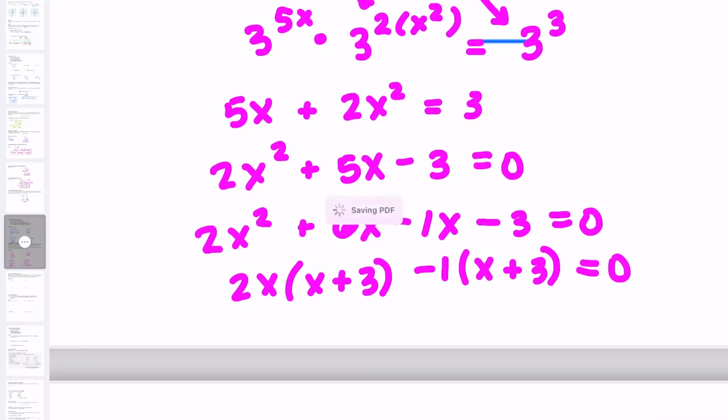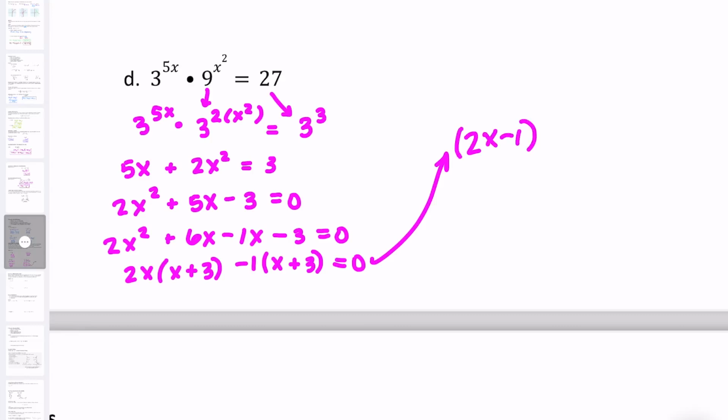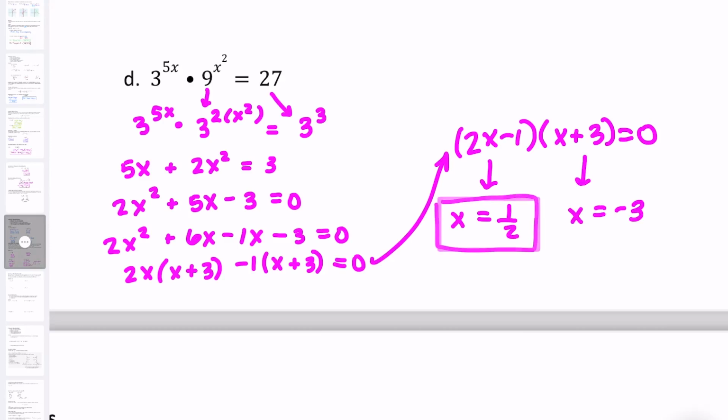I've run out of room, so I'll move over to the side a little bit and rewrite this in factored form. 2x minus 1 times x plus 3 equals 0. That gets us x is equal to 1/2 and x equals negative 3. We're going to have 2 solutions to this equation.